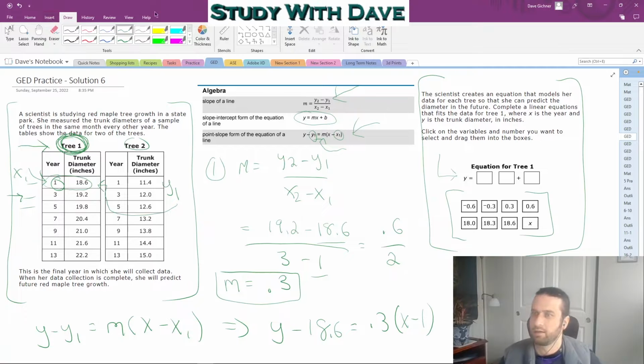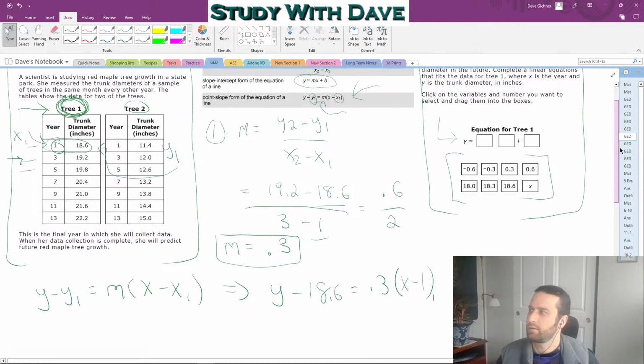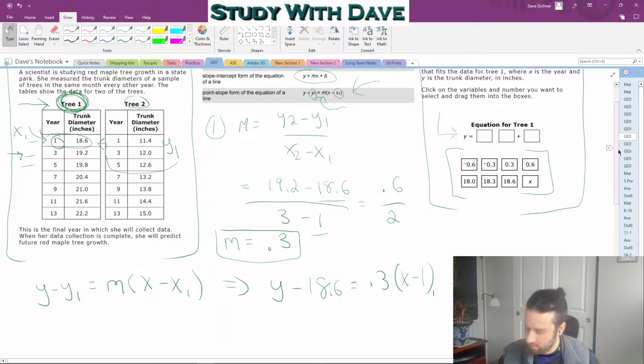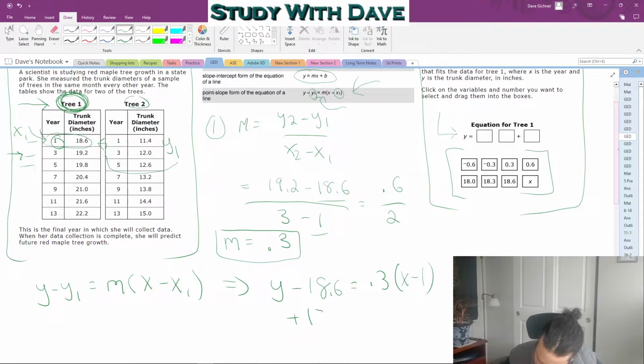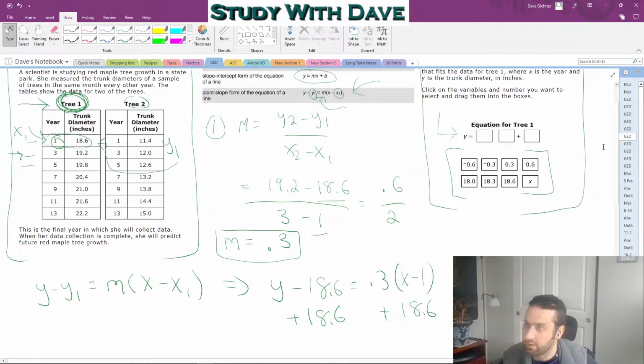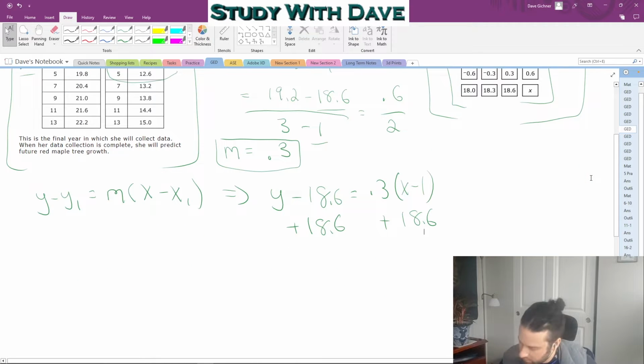Okay. Now let's bring this down a little bit. Let's simplify this. So we are going to add 18.6 to both sides. So this is going to leave us with y equals 0.3x minus, and we're just going to do one step at a time.